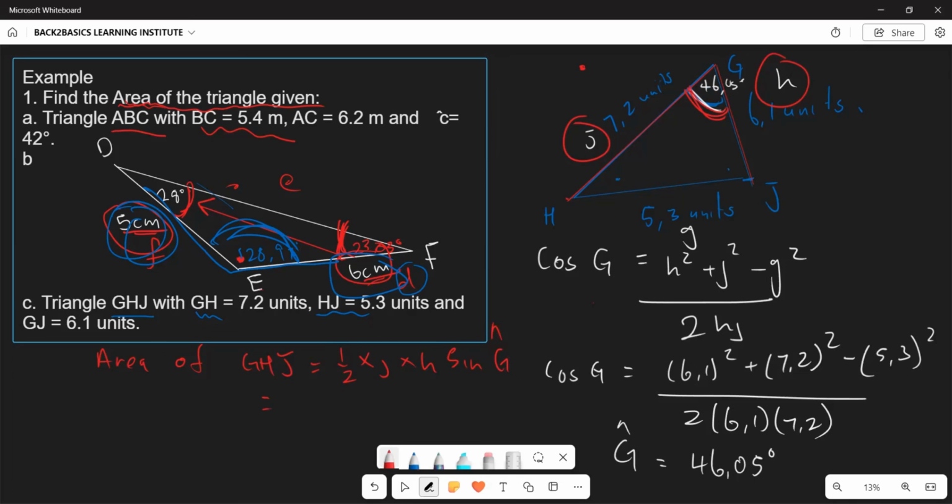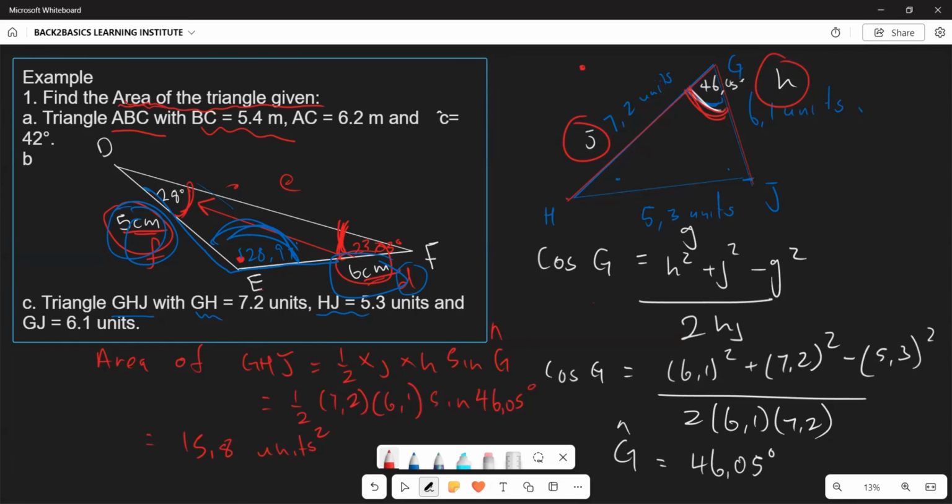Then after here, this is going to be 1 over 2 into 7.2 multiplied by 6.1, multiplied by sine of 46.05 degrees, right? So what is going to be the area after you've punched this in your calculator? It is going to be 15.8 units squared, right? So this is going to be now your final answer.